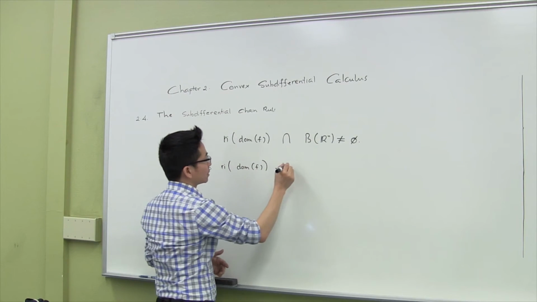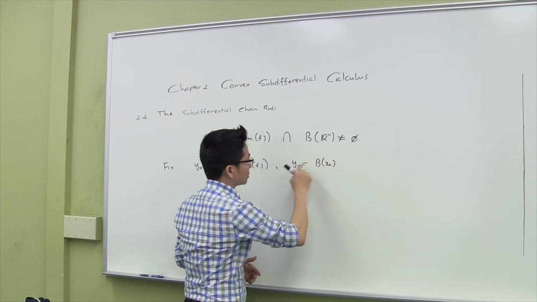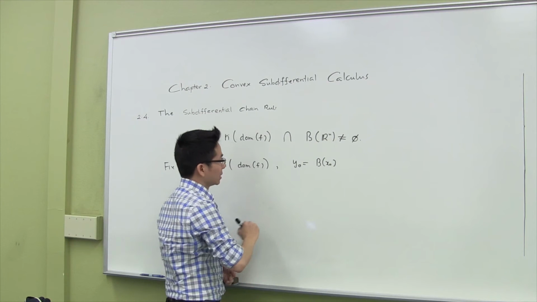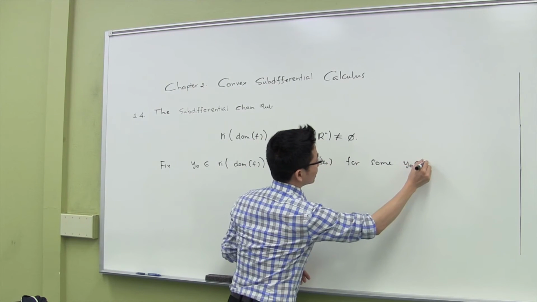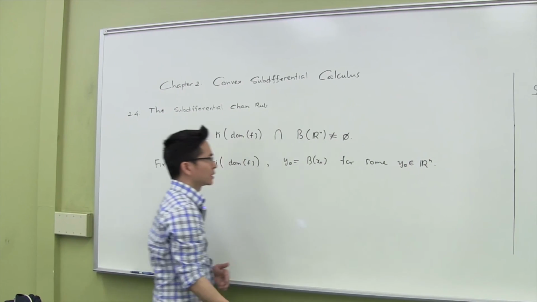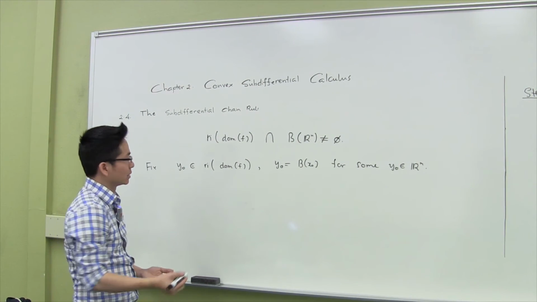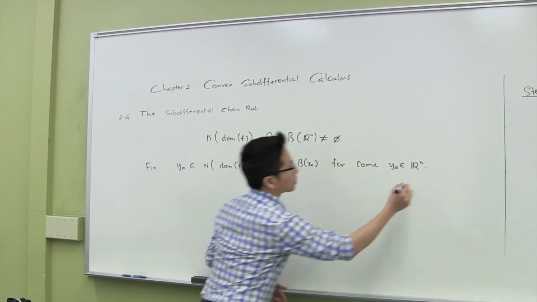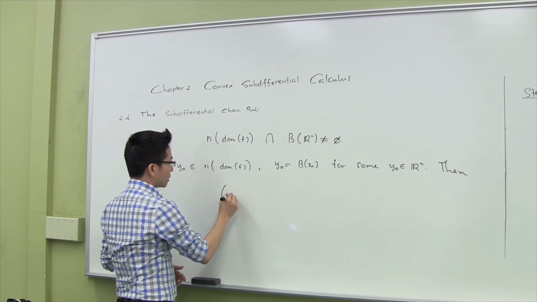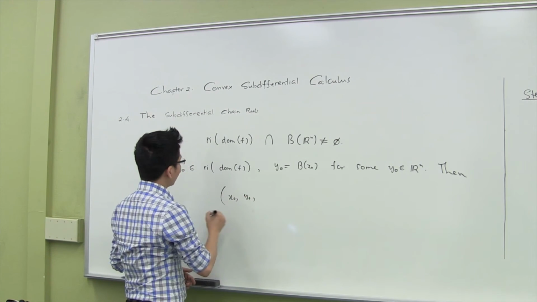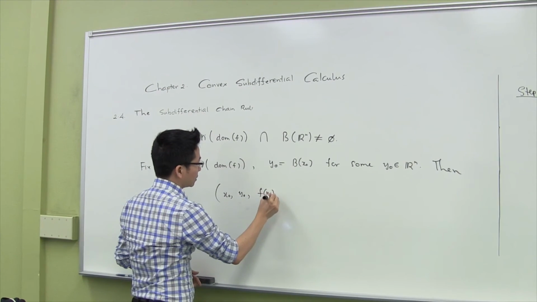And at the same time, y0 is equal to b of x0, because y0 is in the range of the function b for some x0 in Rn. Then we can form, for example, the following element: x0, y0, and the third component is f of y0 plus 1.